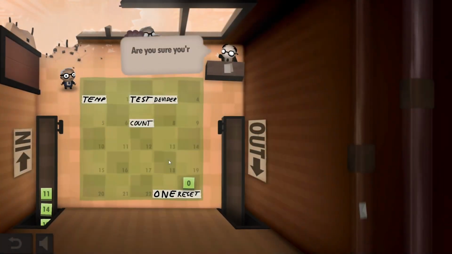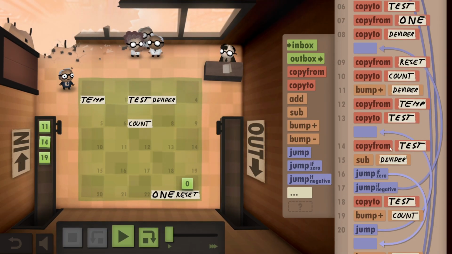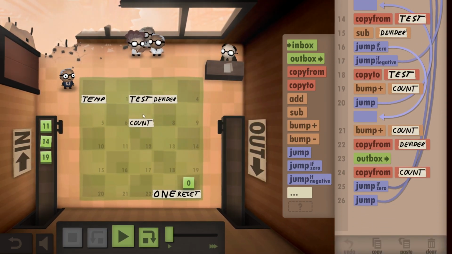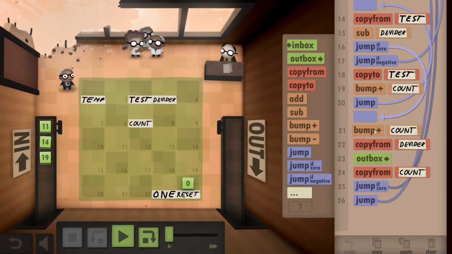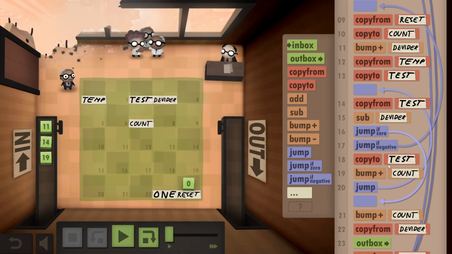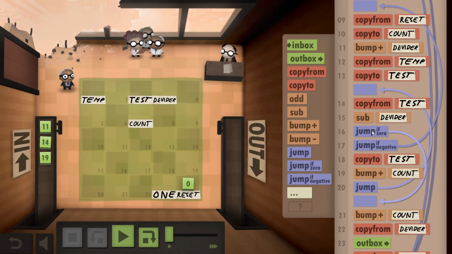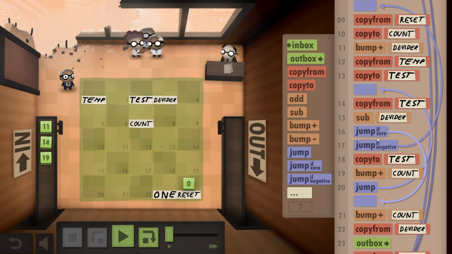Okay. So the problem that we have is this bump. I need to get rid of this bump. I did it this way because when we get 0, I still need to do the bump. So this needs to change.